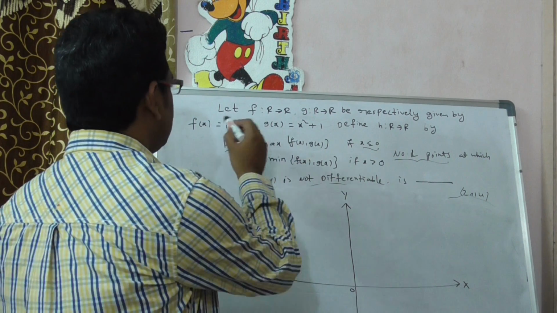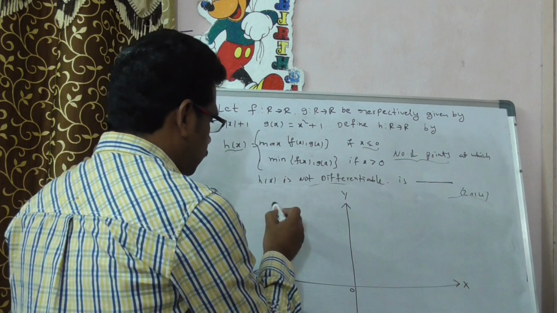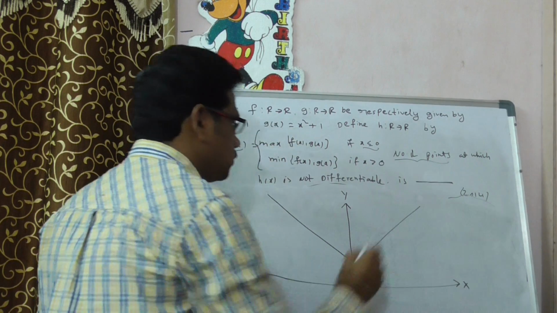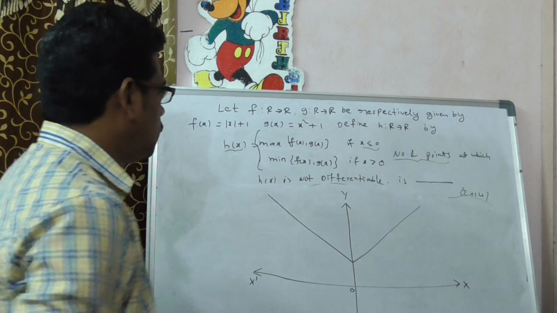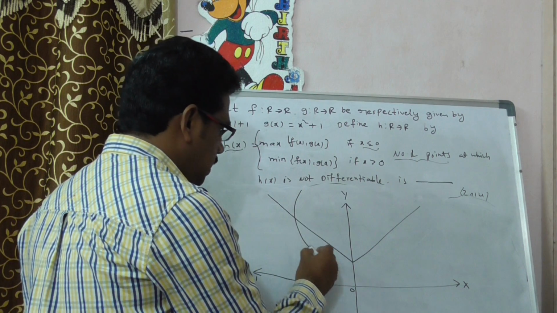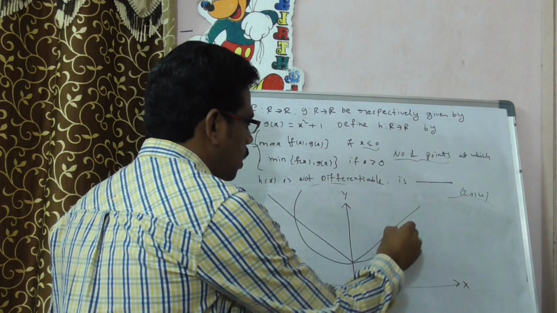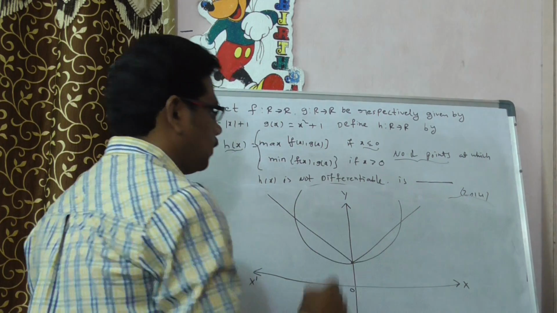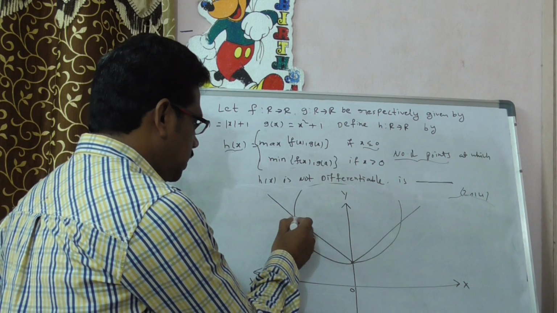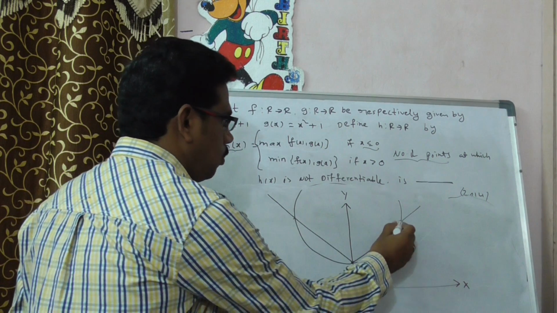Now, first draw the mod x plus 1 graph. This is mod x plus 1. Second, x square plus 1. This is x square plus 1. Now, clearly these three are intersecting points.